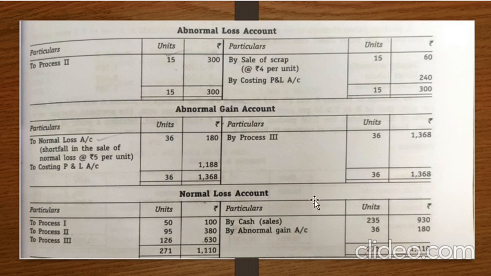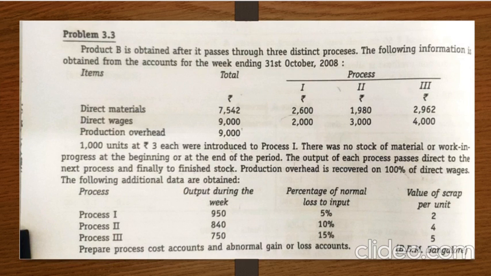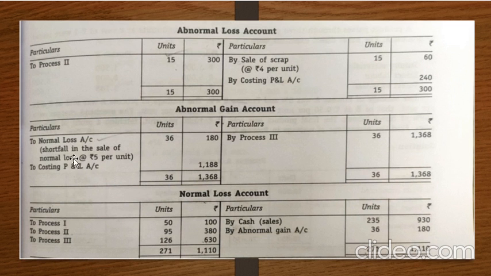You have 36 units of abnormal gain, so you can set off 36 units with the scrap value at rupees 5 per unit. How did you get this 5? It is stated in the question: the scrap value for process 3 is rupees 5. So 36 into 5 will give you 180. So this scrap is being set off.